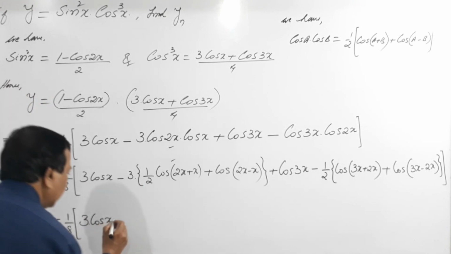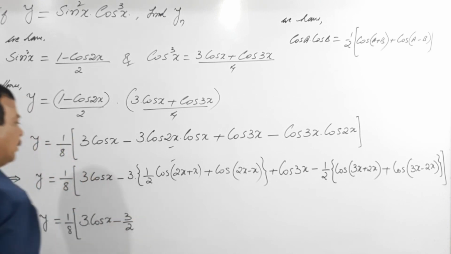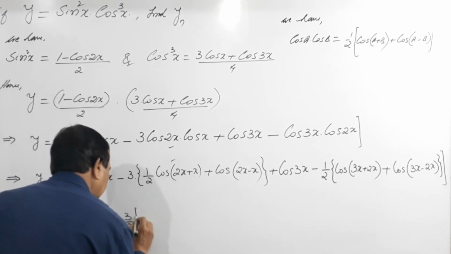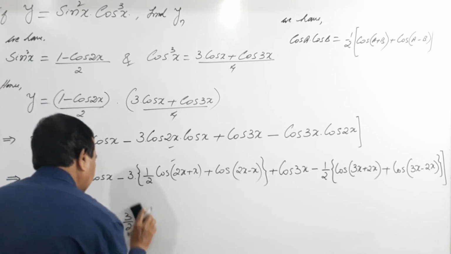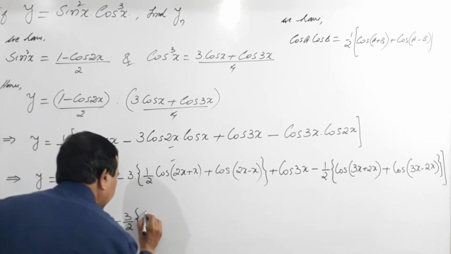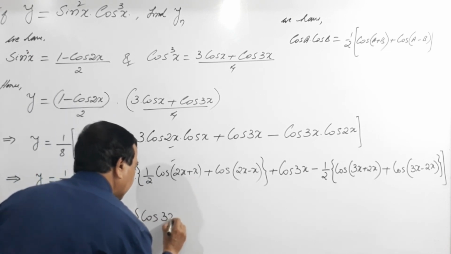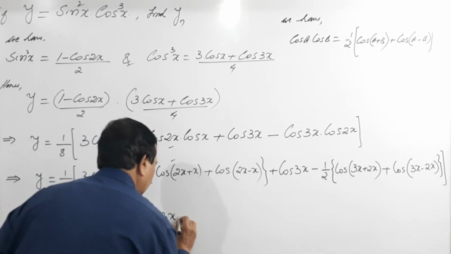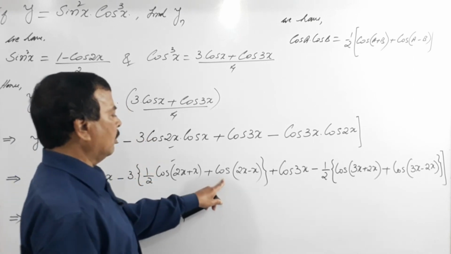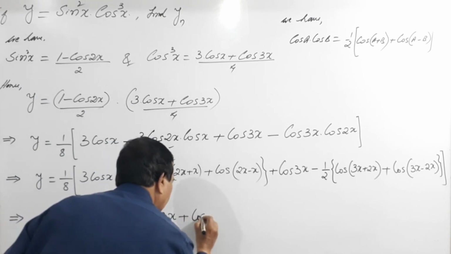This becomes minus 3 by 2, that is small bracket cos of 2x plus x is 3x plus cos of 2x minus x is x, cos x.